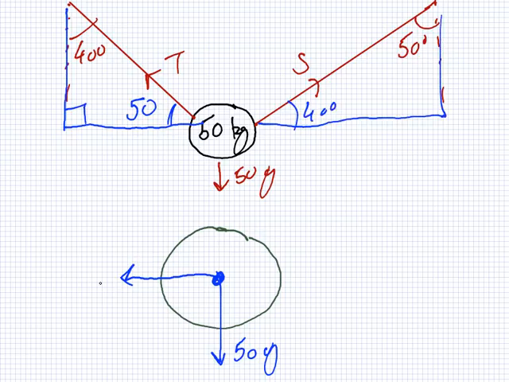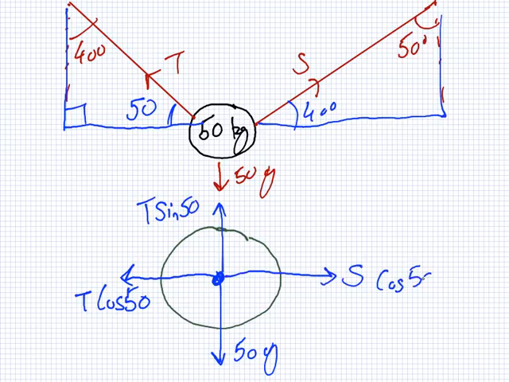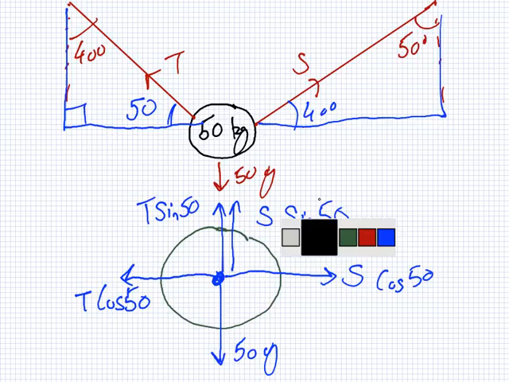40. So this one would be T cos 50, and here would be T sin 50, and then on the other side would be S cos 50, and then going up would be S sin 50. No, sin 40. Thank you, Mishri, 40.